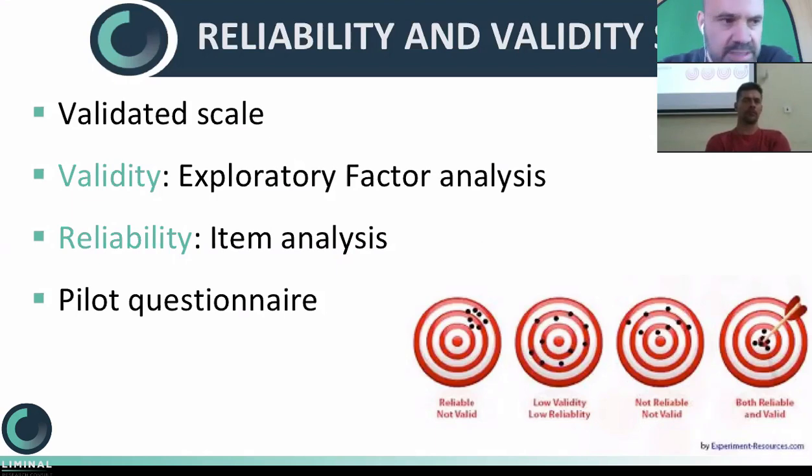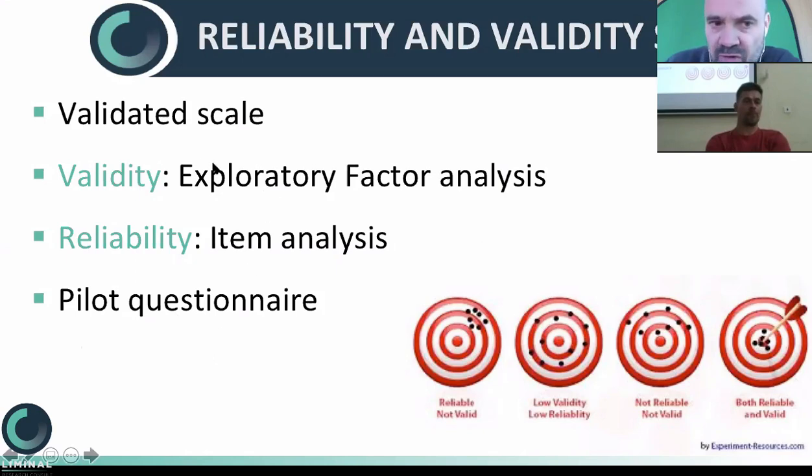Then you can first do content validity, you look at the questions, and then you do your literature study, and from the literature study you get your valid constructs, and then you can do a pilot, but you cannot test validity with a pilot. You don't have enough data to do the exploratory factor analysis. So this pilot will just help you. If the construct is not valid, it will show unreliable also.